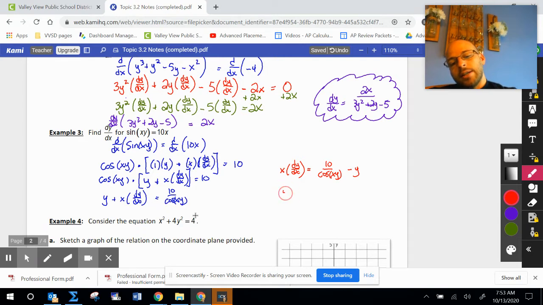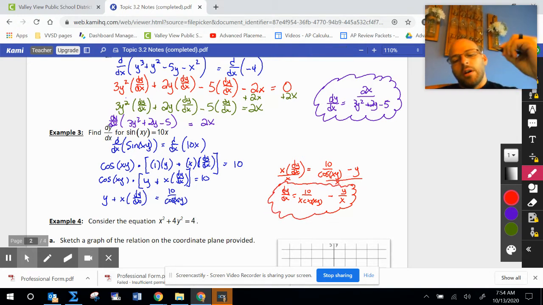So I get dy over dx equals, now if I divide both sides by x, I need to divide both of those terms. So I'm going to get 10 over x cosine of xy, and then minus y over x. This would be the derivative of that implicit relation.